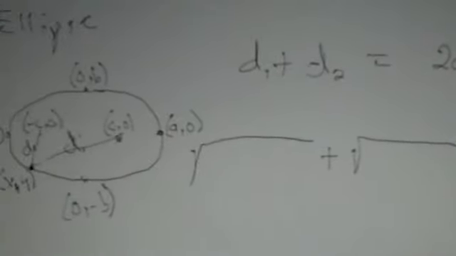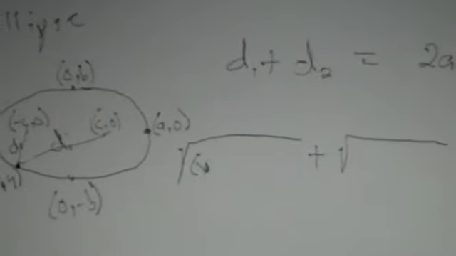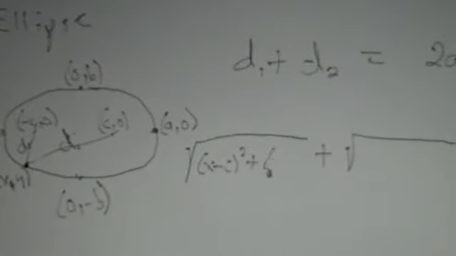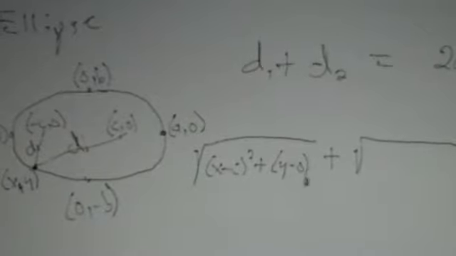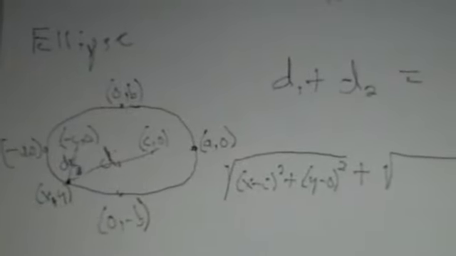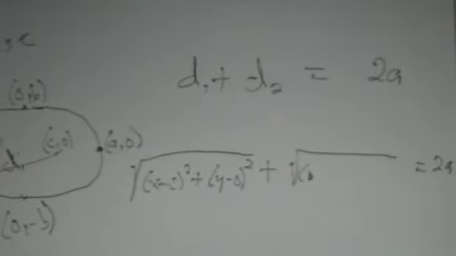Distance 1 will be right here. It's x minus c quantity squared, and it's y minus 0 quantity squared. Distance 2, that's supposed to be 2 right there. x minus a minus c, so this one's actually x plus c.